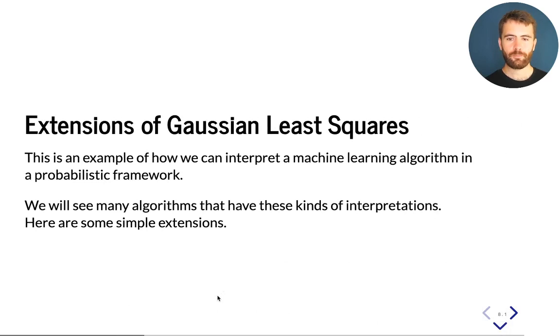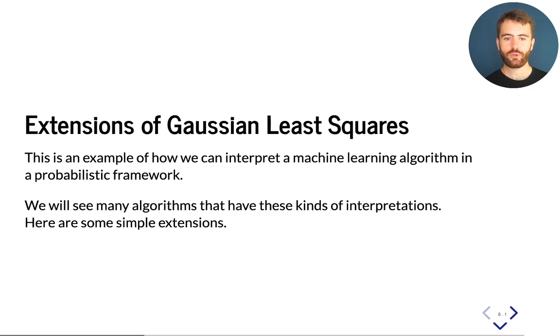So this is an example of how we can derive very important machine learning algorithms using the probabilistic approach, and also how least squares happens to be a special case of the probabilistic framework to deriving machine learning algorithms.